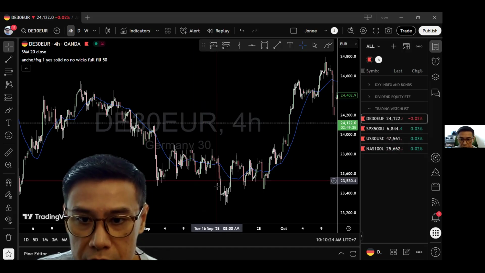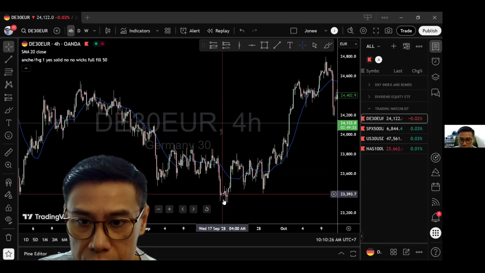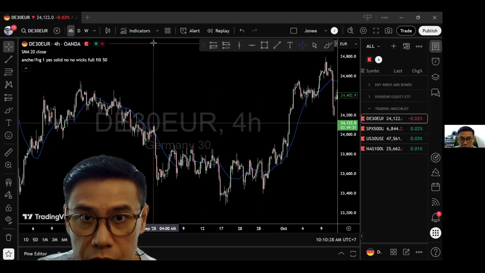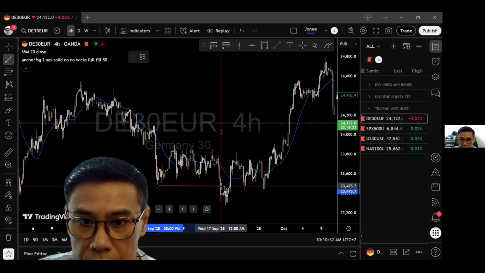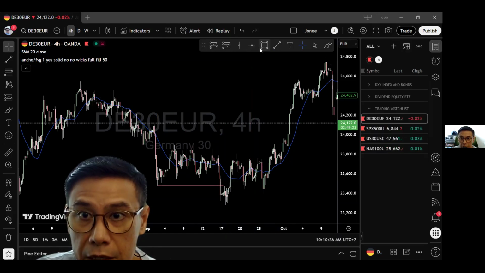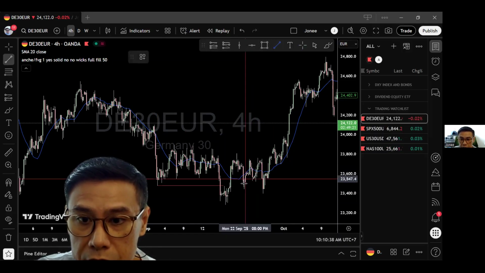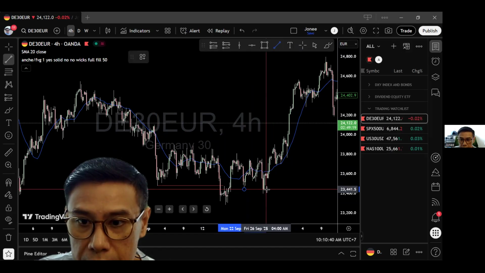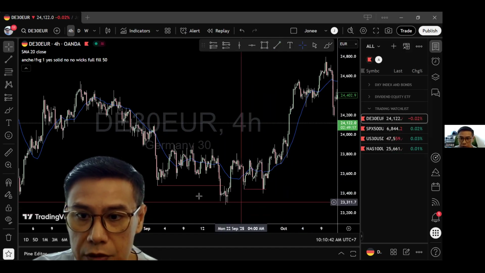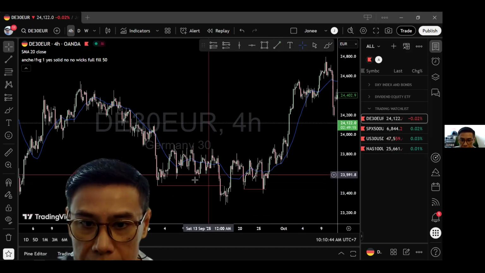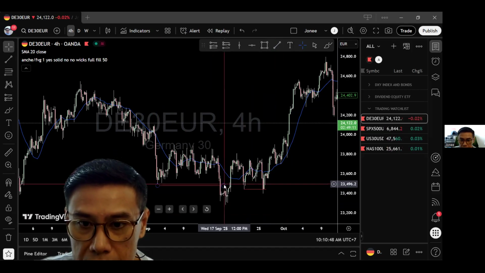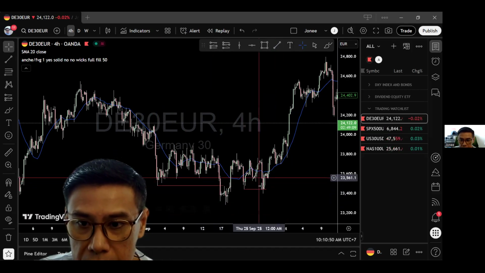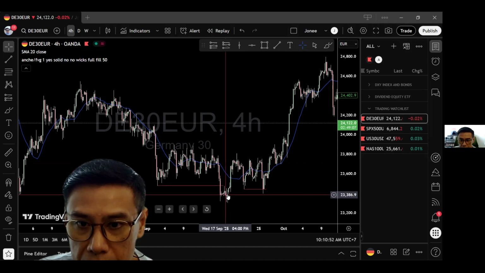These are sweeps of swing lows, another one right here, and here is another sweep. These are sweeps, meaning price took some liquidity from below, probably took out some stop losses, before reversing.